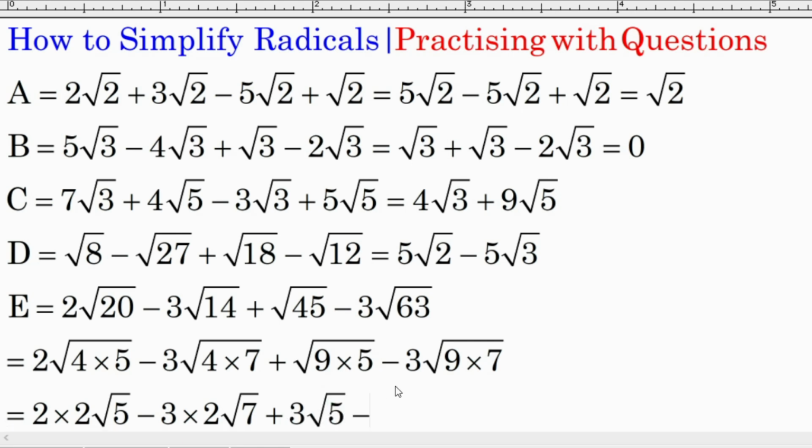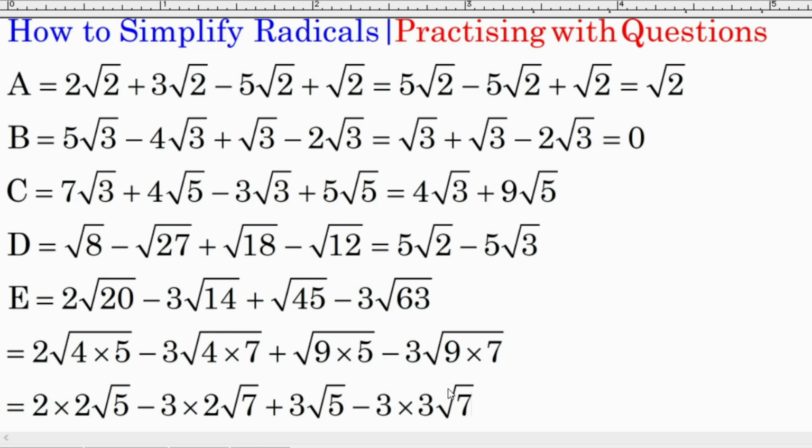And then minus, we have 3 here, so 9 under the square root gives us 3, that will be 3 times 3, and then square root of 7.